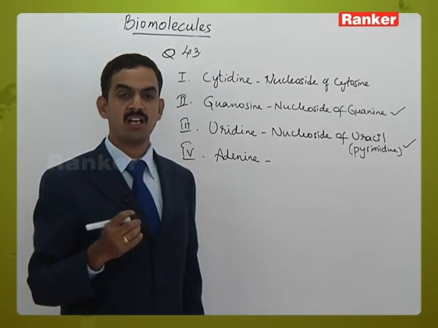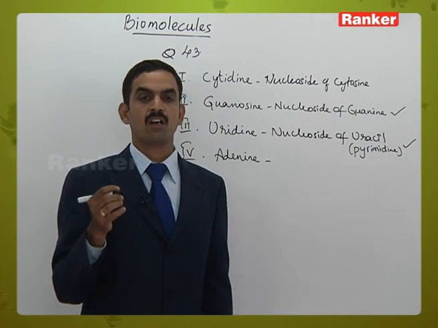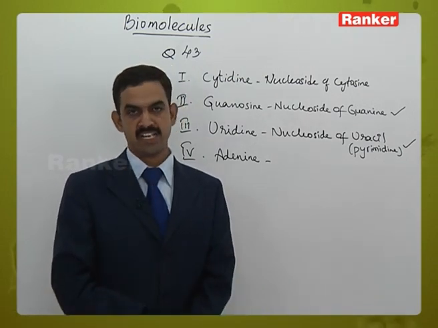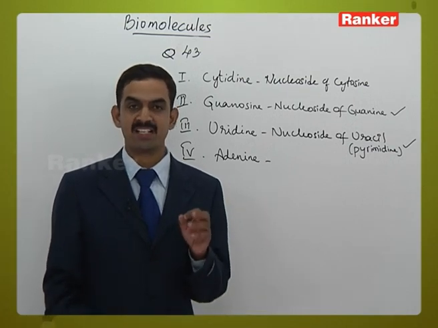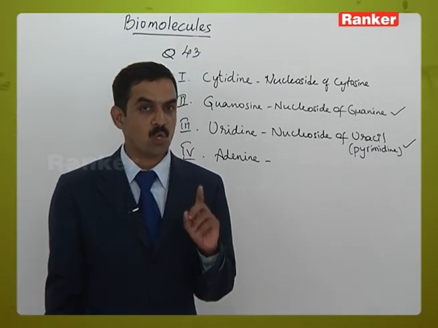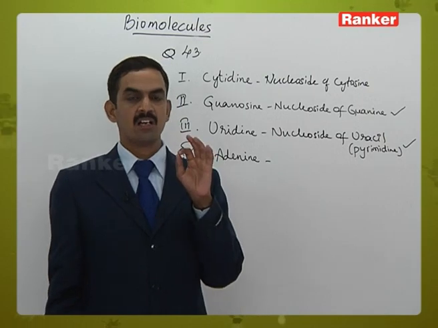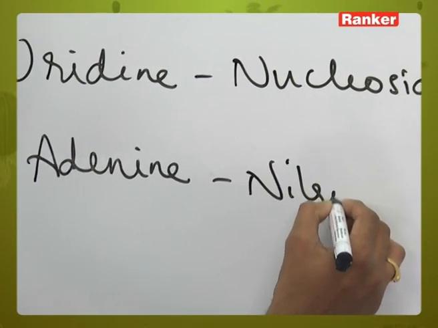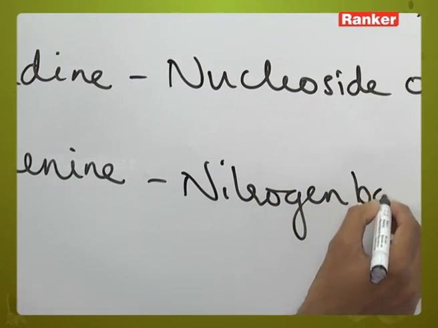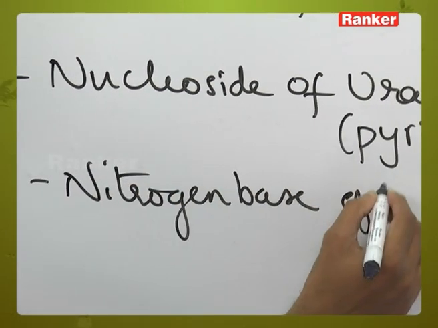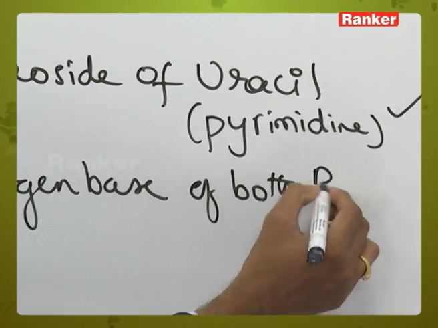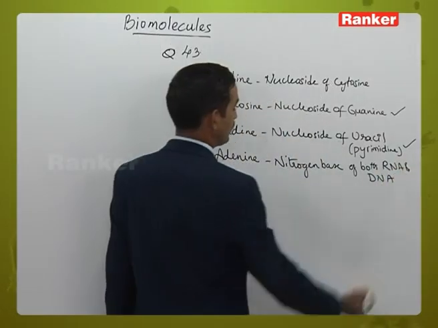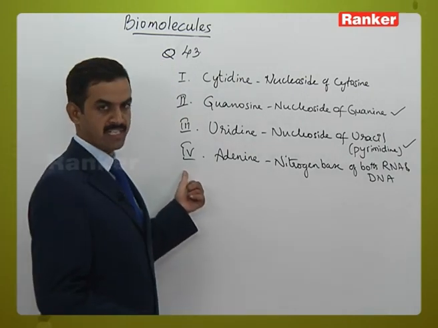Adenine is a nitrogen base present both in DNA and in RNA. But in the option they have given nitrogen base of DNA only. The word 'only' is a wrong notion here. It is a nitrogen base of both RNA and DNA molecules, so it is given wrong there.